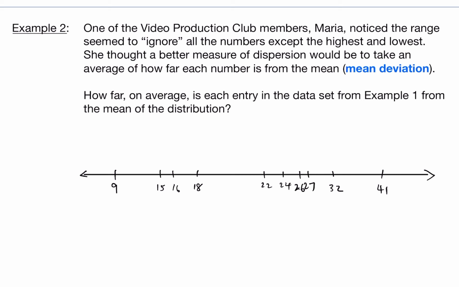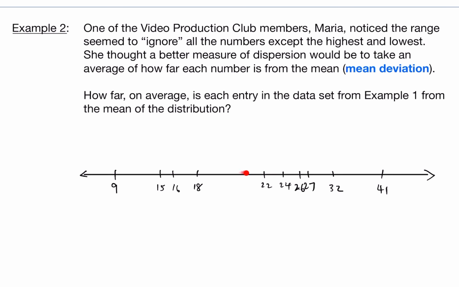Now, what exactly is going on here? What I've done here is drawn a number line and put down some points. All this data comes from the previous example. We can see that the average, the middle, is somewhere right around here. When we talk about the mean deviation, we want to know how far from the average each of these points is.